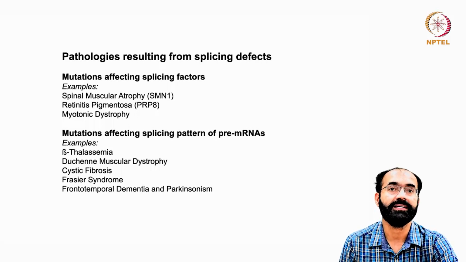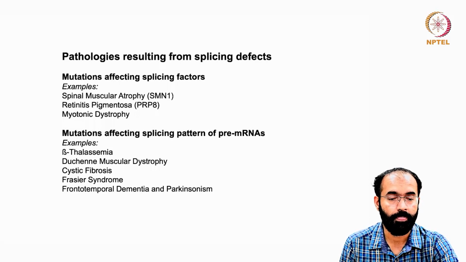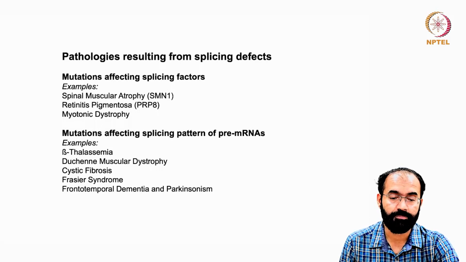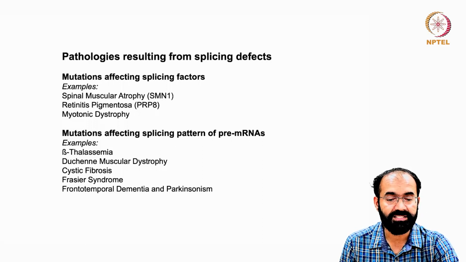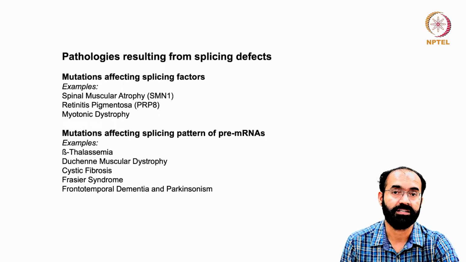This we have seen; we are revisiting it once again. Mutations can affect the splicing factors, and that can lead to diseases such as spinal muscular atrophy, retinitis pigmentosa, and myotonic dystrophy. This is caused because of mutations in the splicing factors, or the proteins involved in splicing. There are also mutations affecting the splicing pattern of a pre-mRNA.